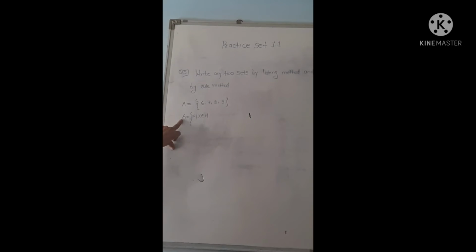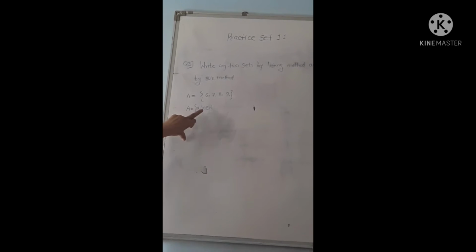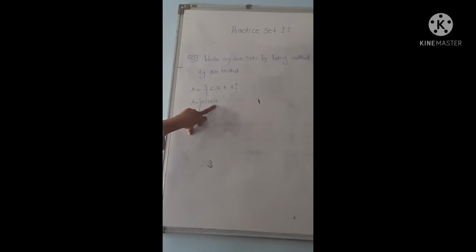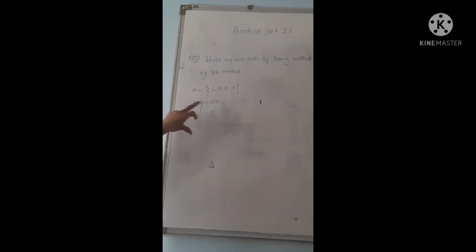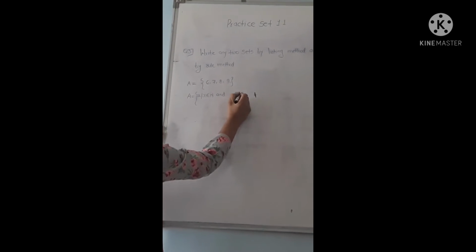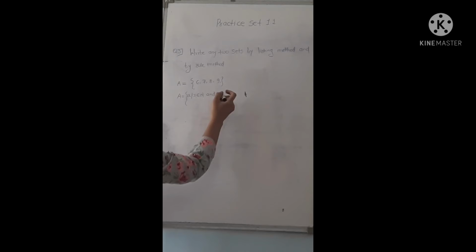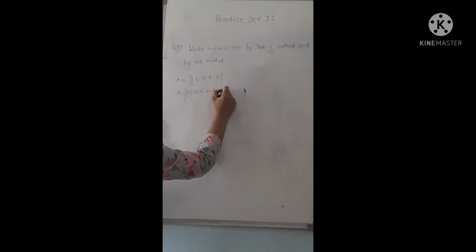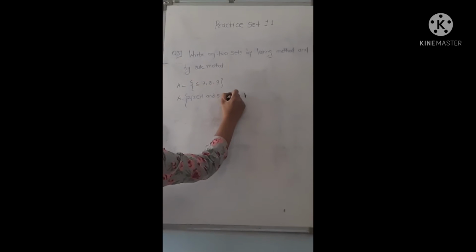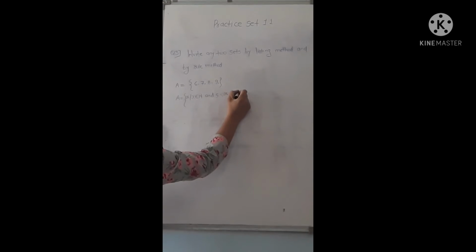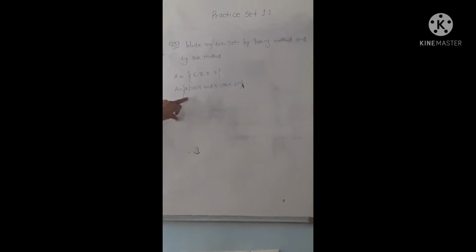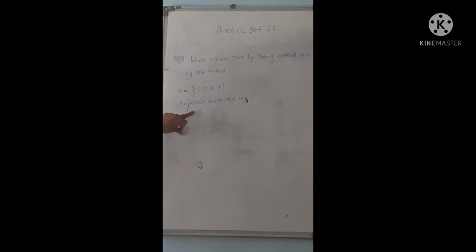A is a set of X and X is an element of set N. And X is an element which is greater than 5 but less than 10. This is the set by rule method.